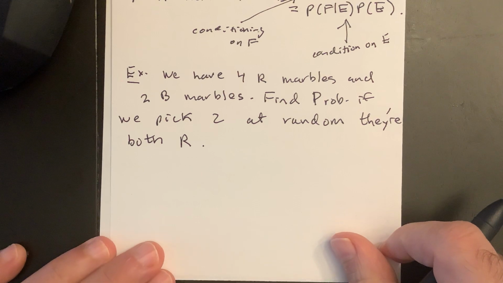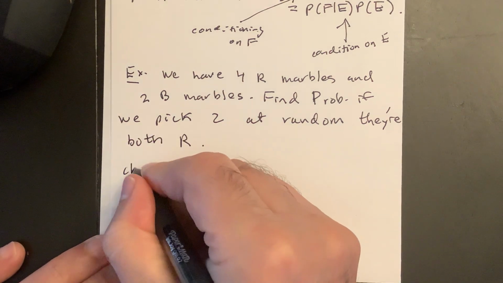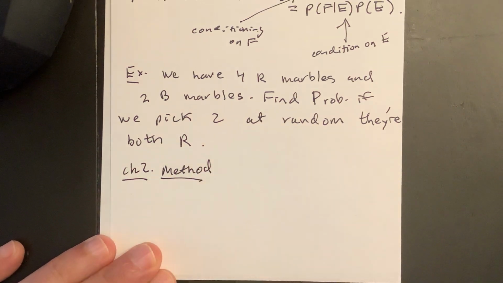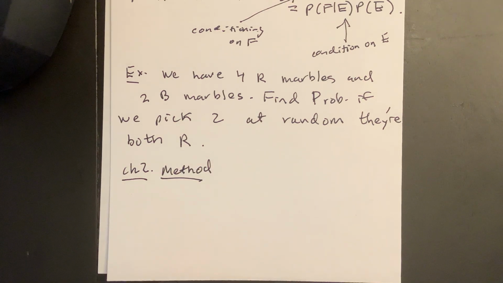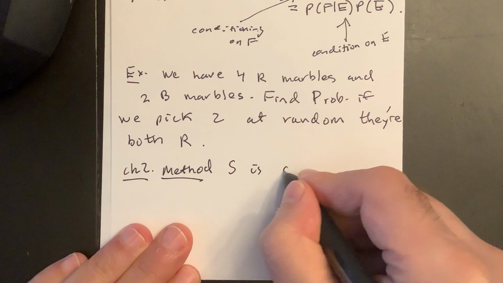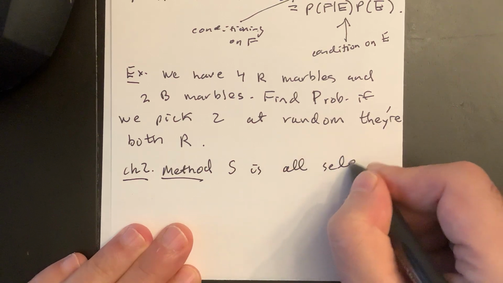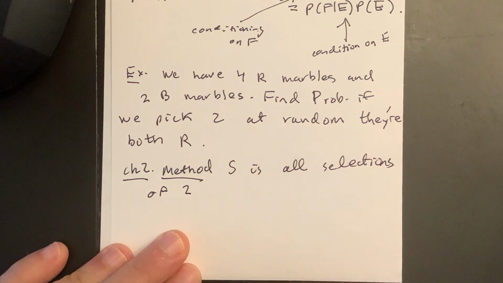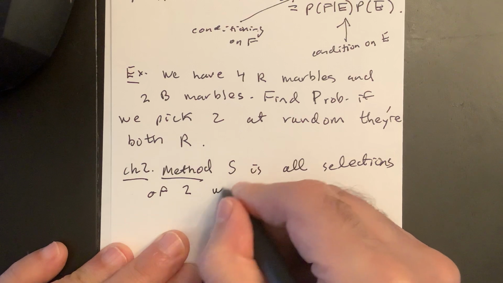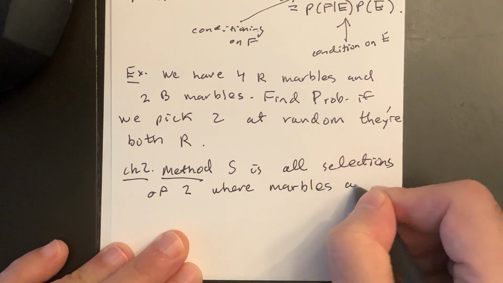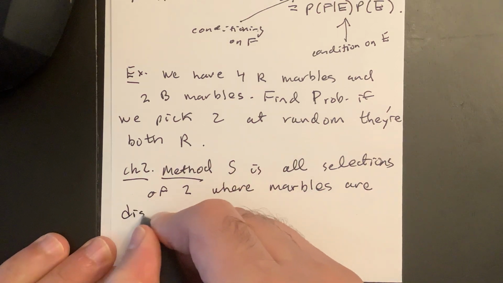All right, so one way, from the chapter 2 method, unconditional, not using our new conditional probability, we could think of the marbles as being subscripted. So consider S. S is all selections of 2 where the marbles are distinct, and the way we've been doing that is to subscript them.